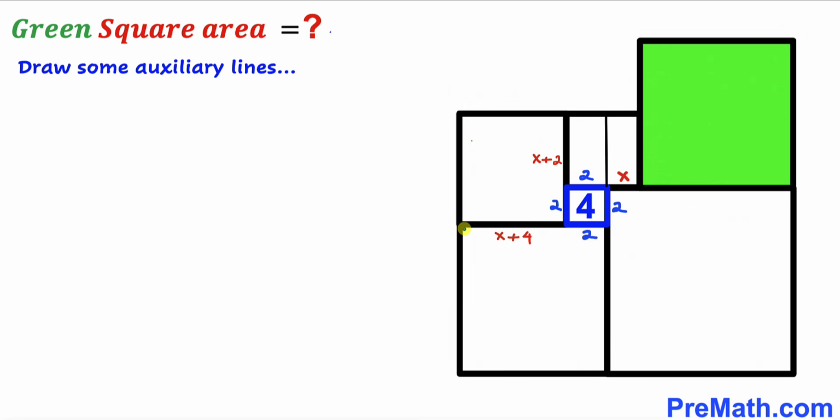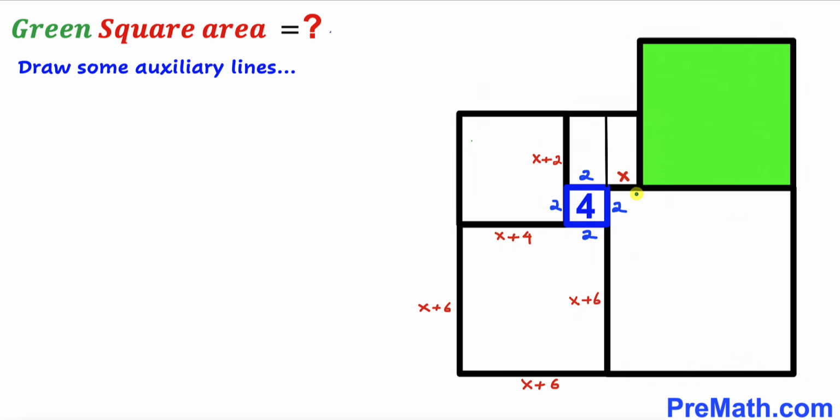Its side length is equal to x plus 4 plus this tiny length 2. If we add them, that gives us x plus 6. So this side length is x plus 6, and likewise this side length is x plus 6 as well.